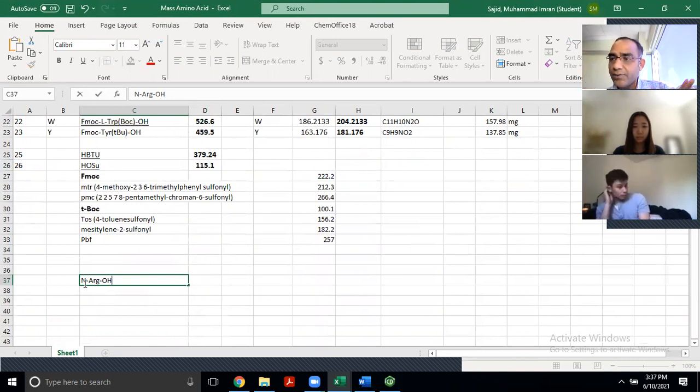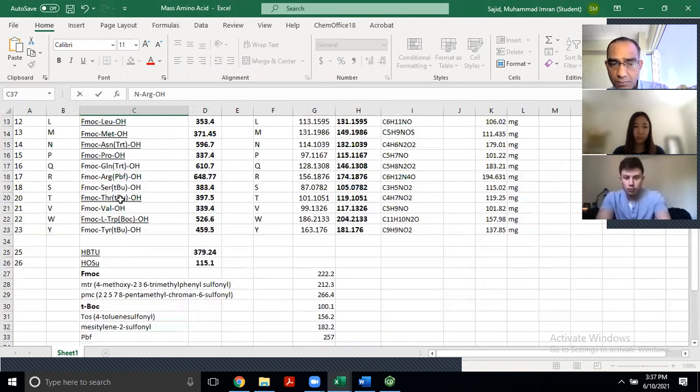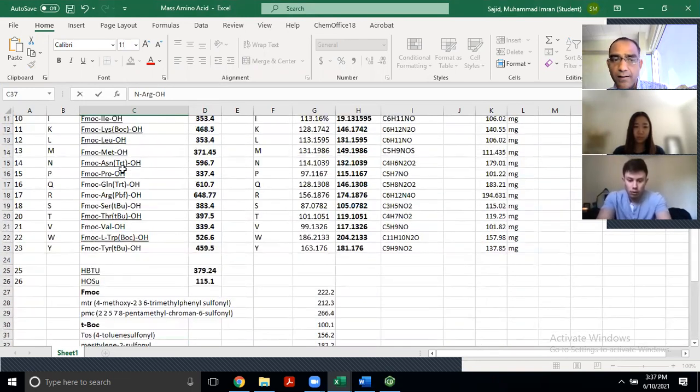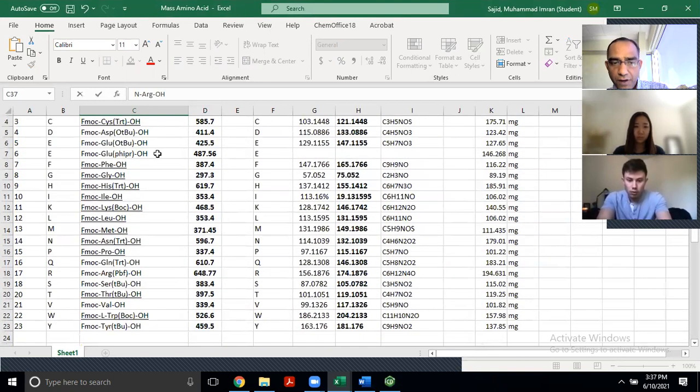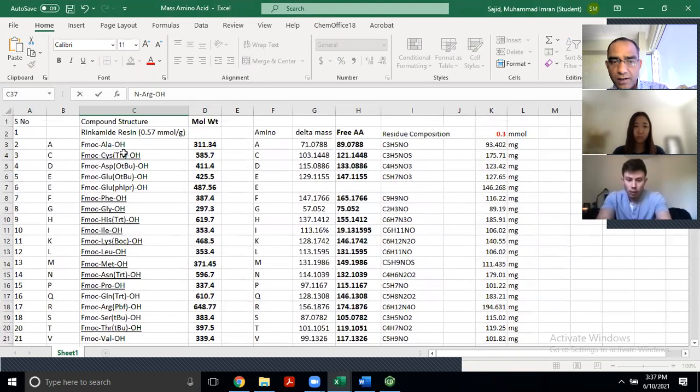N in peptide chemistry is called the amino group, and OH in peptide chemistry is called the carboxylic acid group. And this N is always protected with Fmoc. We can say that Fmoc is the alpha amino protecting group. And the side chain protecting groups are Boc, tBu, Pbf, trityl, OtBu.